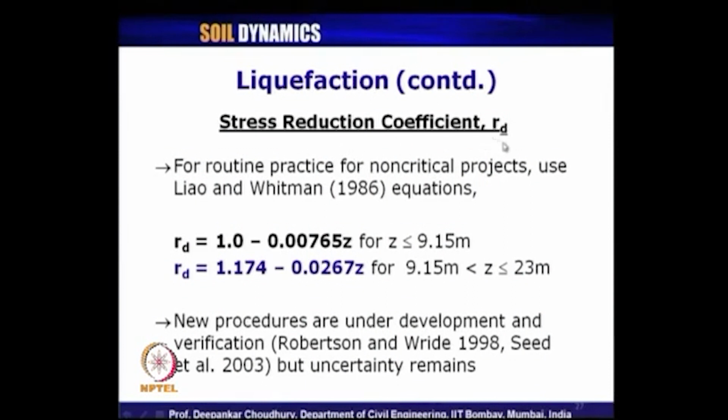Stress reduction coefficient r_d for routine practice for non-critical projects: Liao and Whitman in 1986 proposed equations to compute the values of r_d. They proposed these two expressions, that is r_d equals 1 minus 0.00765 z, where z is the depth below ground surface in meter unit.